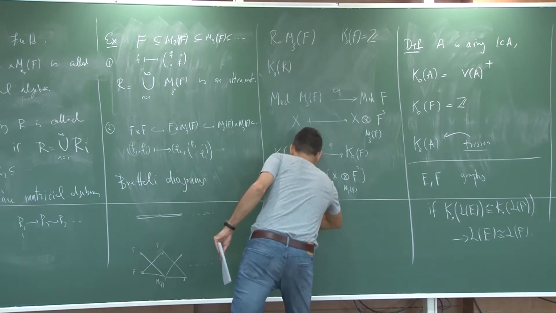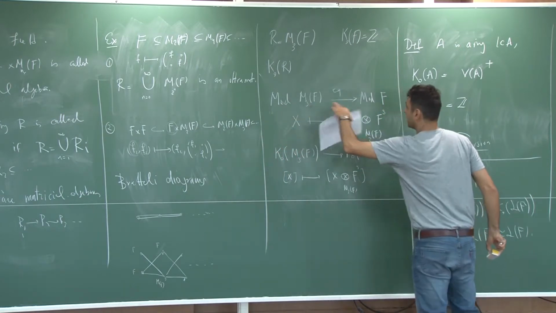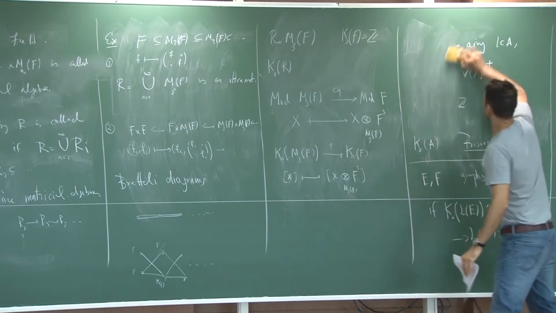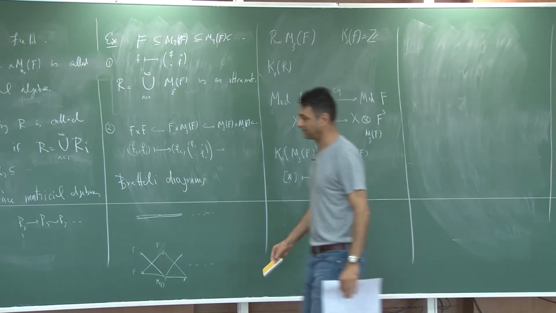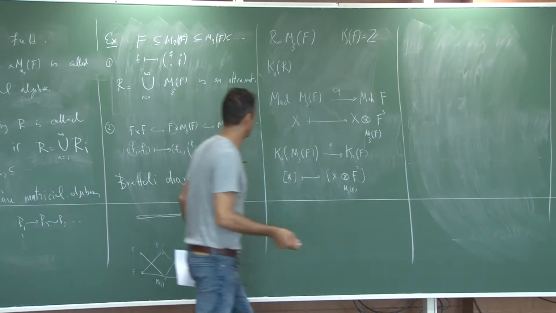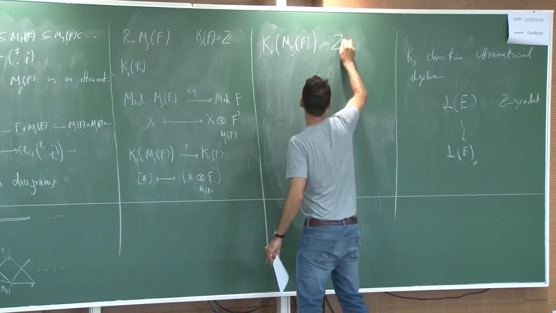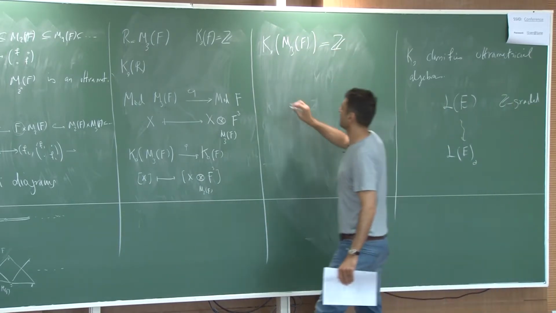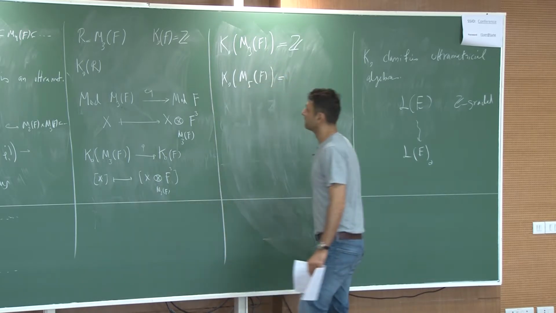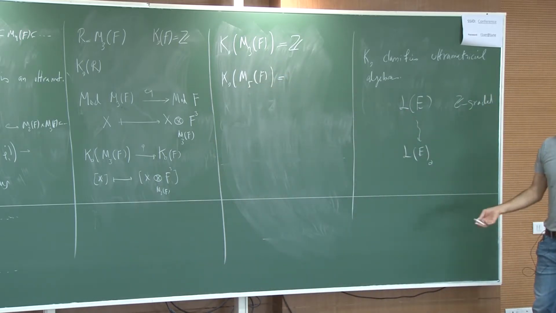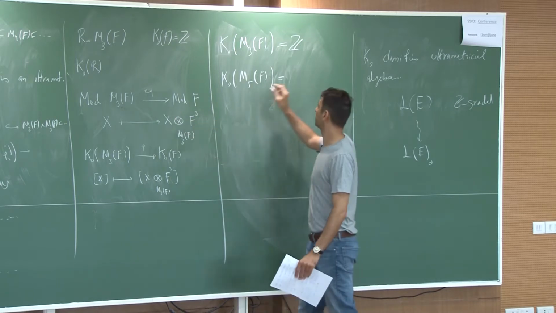So the K0 of this matrix algebra is in fact the same as K0 of F. Now, what do you think the K0 of 5 by 5 matrices over F would be? It's the same trick. Instead of 3, I just put 5, and here I take 5 copies of F, and you have an isomorphism, and this is Z.